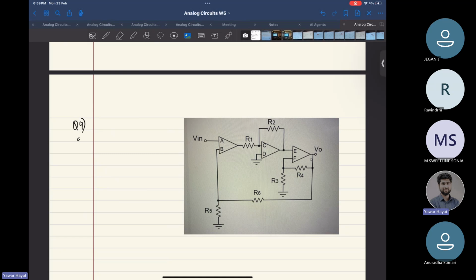Okay, you need to find the value of the output voltage by input voltage. In other words, you need to find VO by VI. What is VO by VI? How would we compute that?